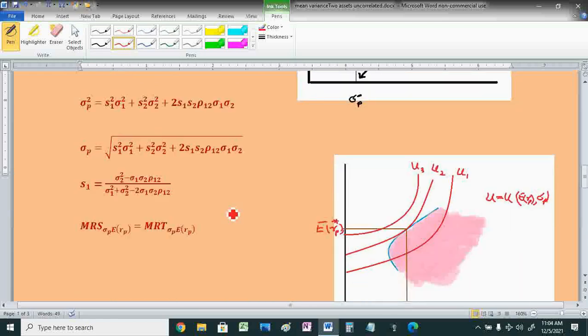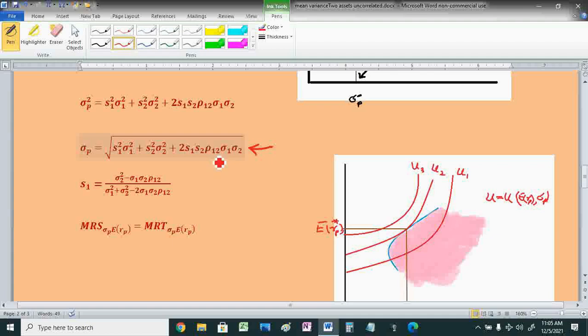Here in this last expression, I have used this equation to find out the standard deviation for any correlation between -1 and +1, whatever that correlation is.